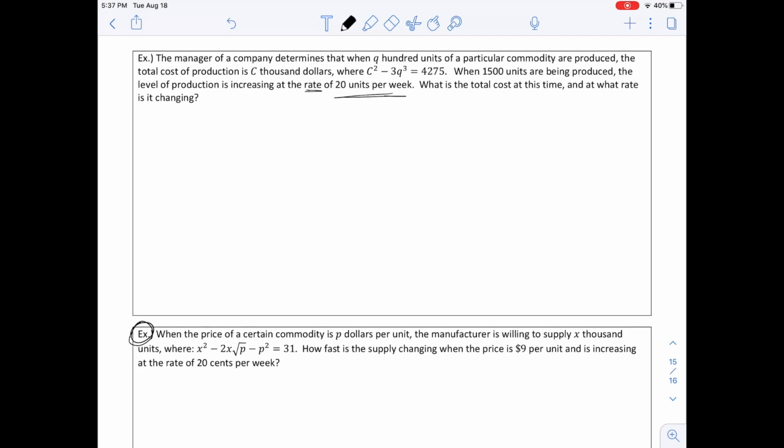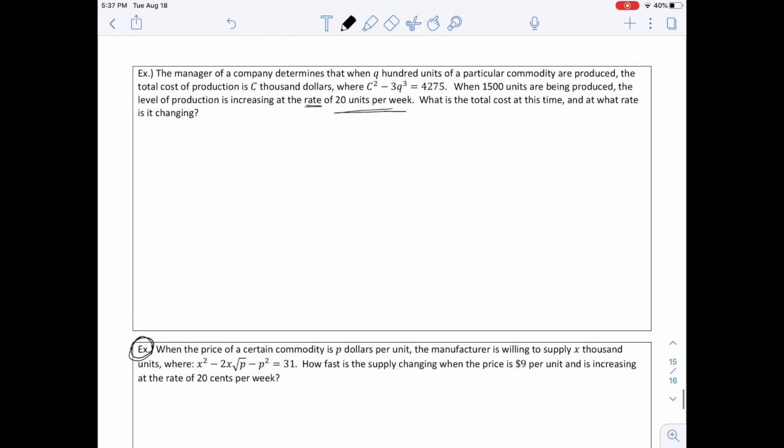However, since we're dealing with hundreds of units, 20 units is actually going to be 0.20 hundred units. Likewise, it says when 1,500 units are being produced, so it's again in hundreds of units, so this would be 15 hundred units.